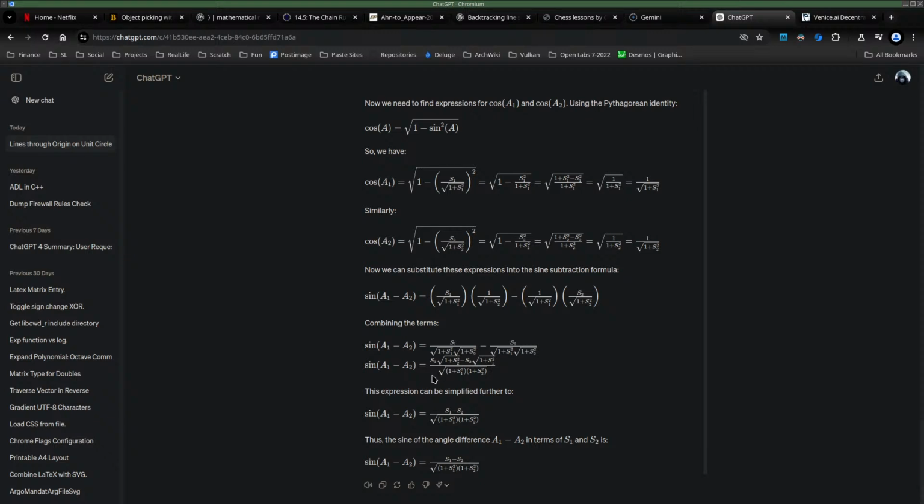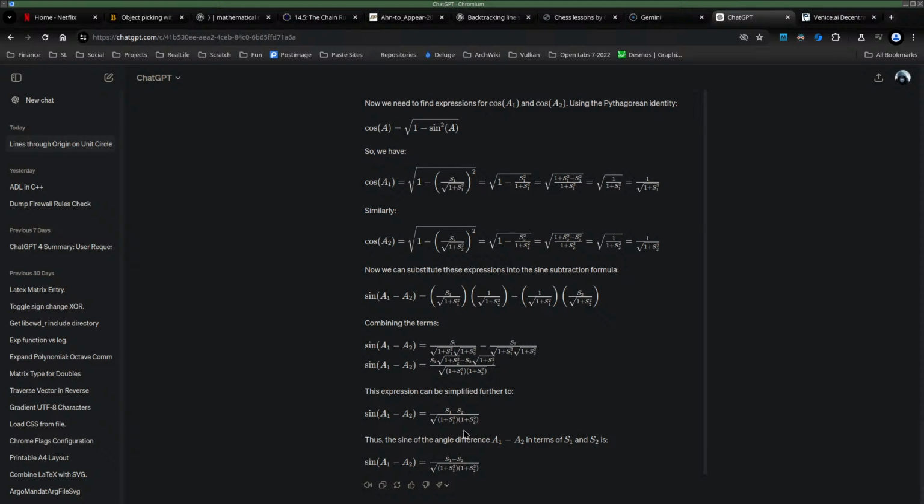It's making an error. Unfortunately, we're almost there, but this is correct though. I don't understand this part here. It's just nonsense. This expression can be simplified further too.